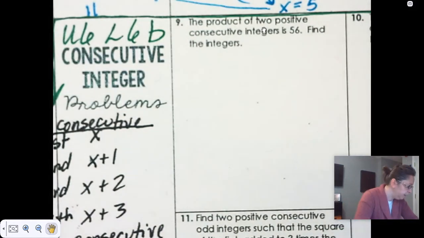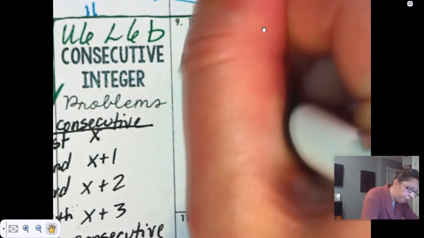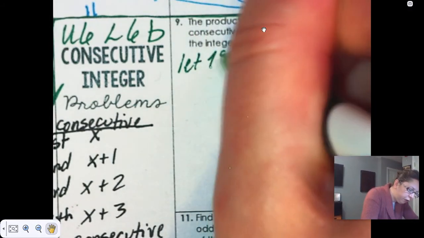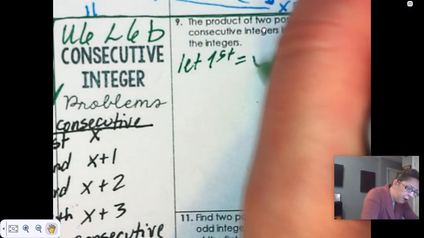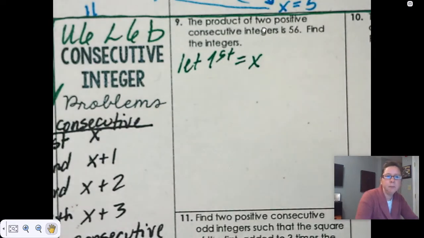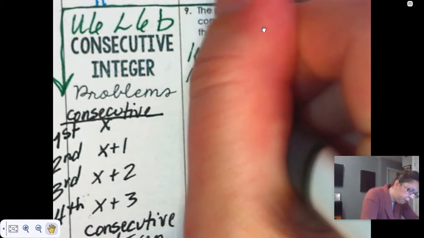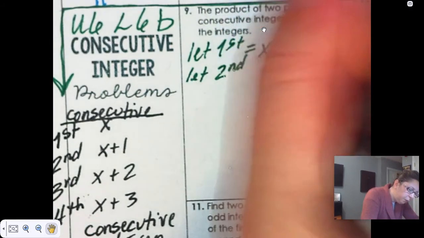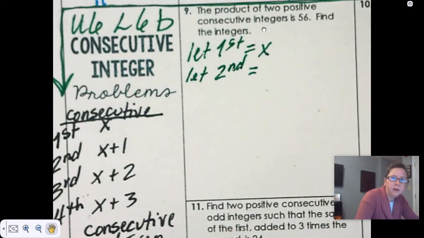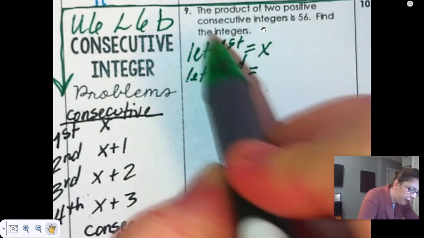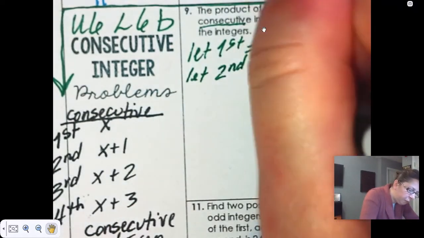So let's let the first number be our x, okay? And then the second consecutive number, because it is just consecutive, I will do x plus 1.